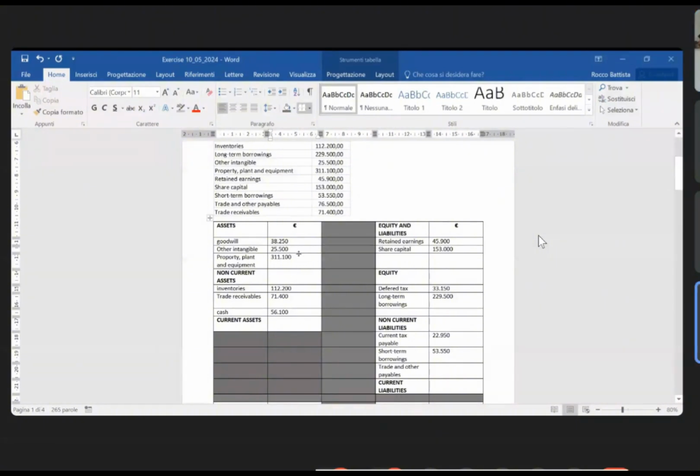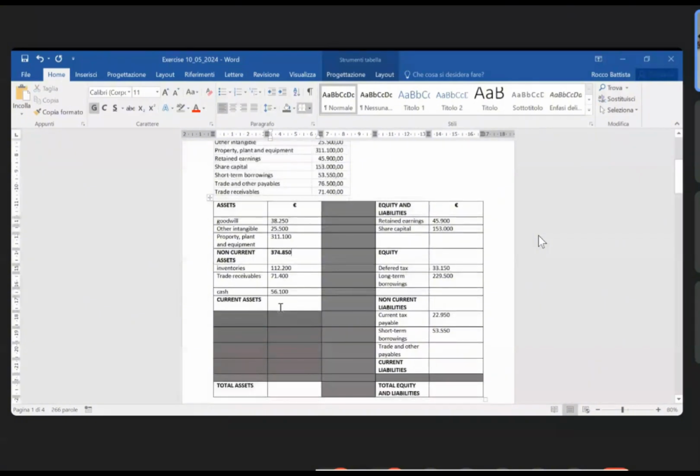So the total is going to be 374,850. Okay. Please, the current asset.